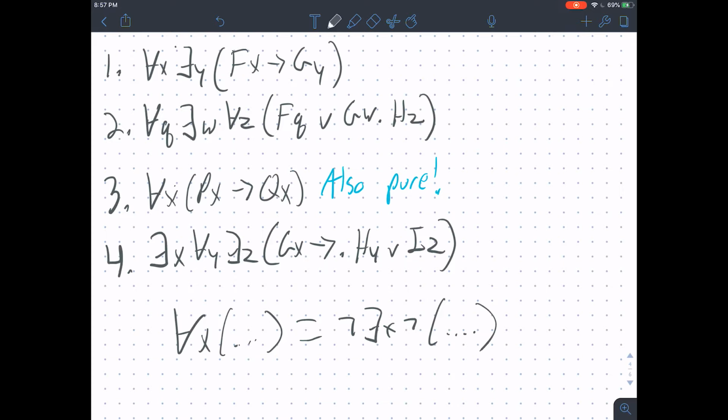And here you actually need to get pretty comfortable with using them in both directions because you'll be converting to both prenex and pure form. So I'm just going to go through the rules with some examples. Most of these are fairly simple. There are only 2 that are tricky. So the hard part is understanding what they apply to, not actually applying them. Okay, so let's move on to that.